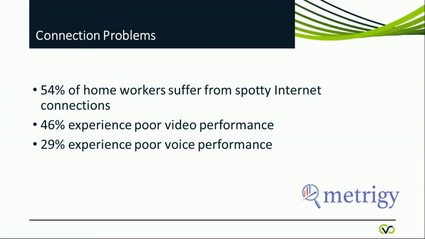Around about a third get poor voice performance from time to time. And even some of them have pinpointed that the actual cause is their home internet connection. They'll be pinning that on the home internet connection because, in a hybrid situation, they go to the office and things work nicely. When they're at home, they don't. And that is a clear indication of where the problems do occur, as we touched on before.